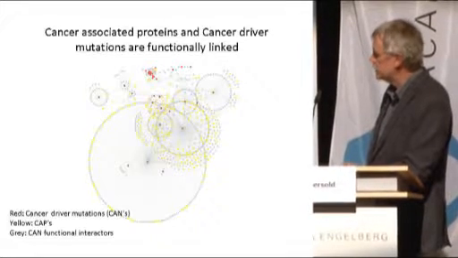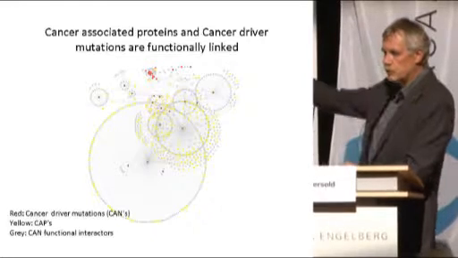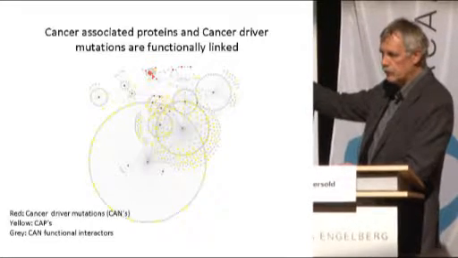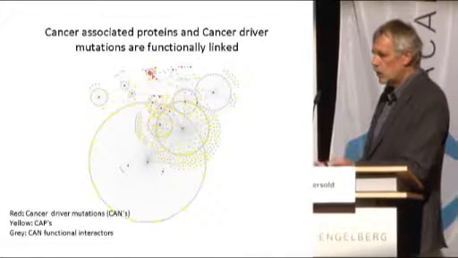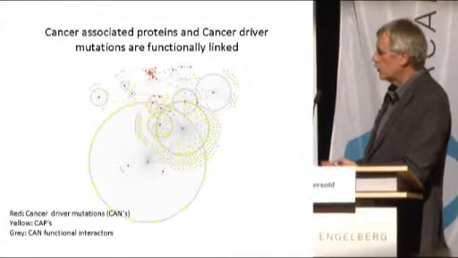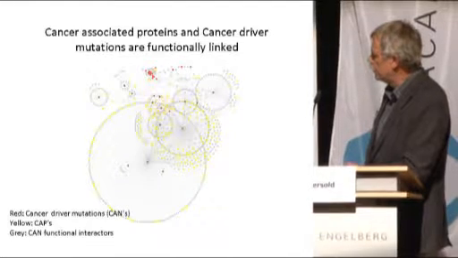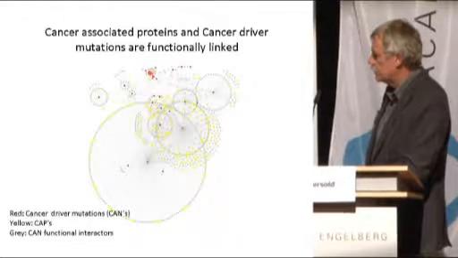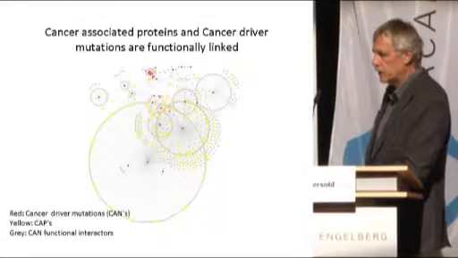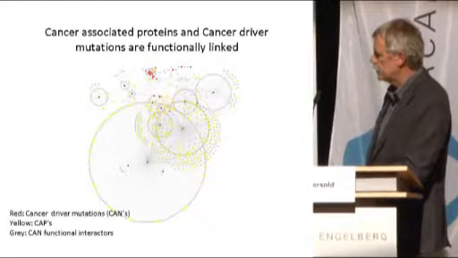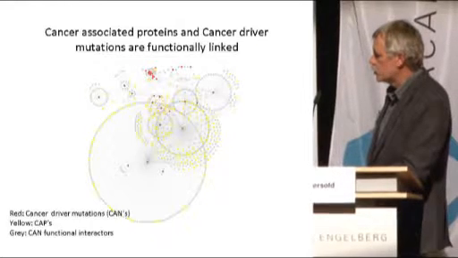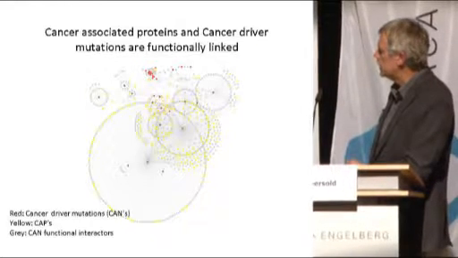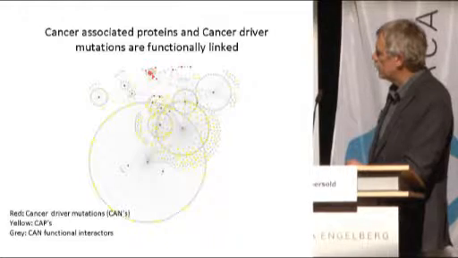What we see here is a color-coded representation of these proteins. The red proteins are the ones we saw before in the figure that didn't come through as isolated dots but were functionally linked to each other and to other proteins. The yellow proteins are the proteins that have been found in the literature to be cancer-associated, and the gray ones, which again don't show up, are functional interactors, proteins that are functionally linked to the cancer driver proteins.